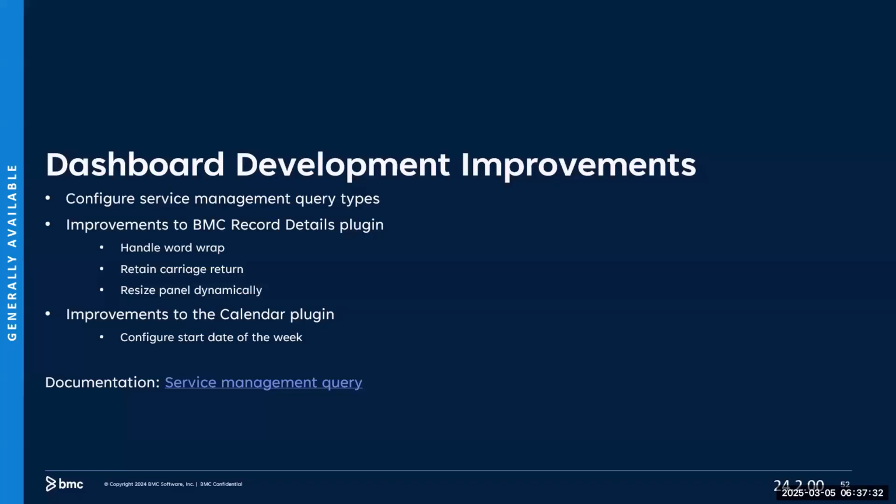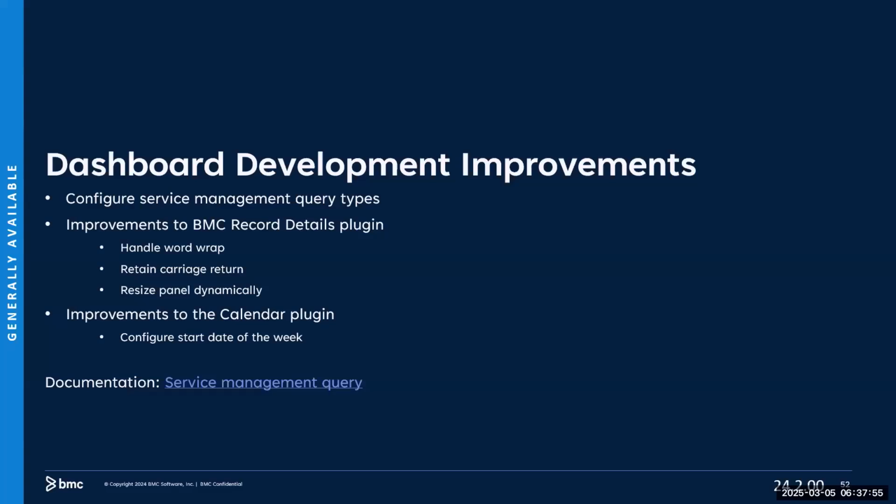Some other improvements recently are about the BMC Record Details plugin. This is the plugin that we use for displaying individual records, such as incidents, changes, and so on. So with this plugin, we now handle word wrap, or we retain the carriage returns.